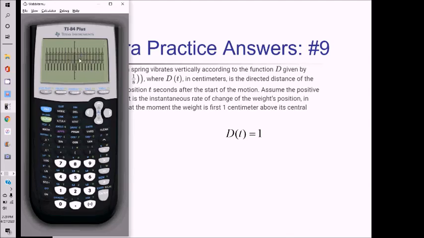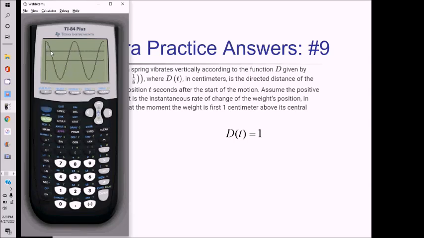Let me just do a window between 0, because we don't really care about negative time, and let's just do 1. And let's zoom fit this thing and see what happens. All right, so this looks a little easier to look at. We've got a whole bunch of vibrating, and there is the line y equals 1. Here's the first time these things intersect after 0.